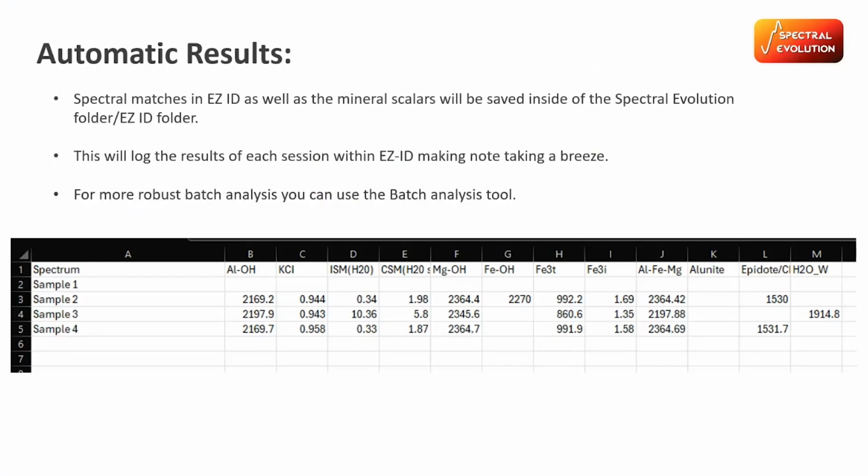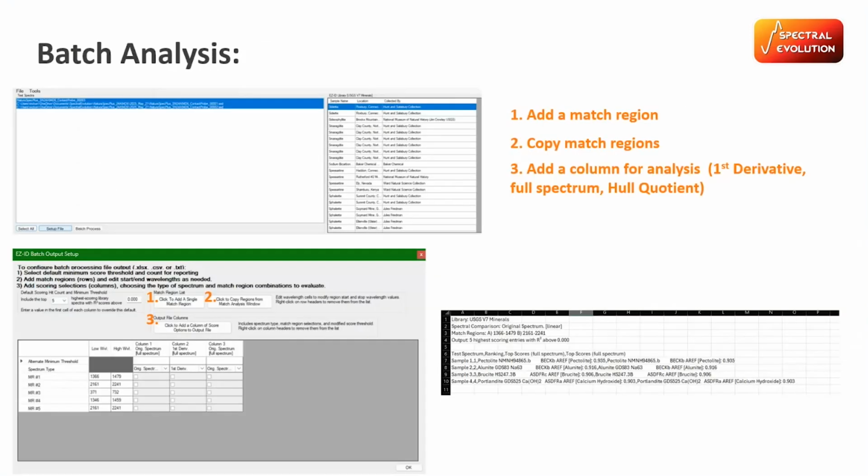For batch analysis, we also have these mineral scalars that will help you identify where absorption features are taking place. In the batch analysis, this will be exported as part of your data analysis. The batch analysis will allow you to take all of your samples that you've collected in the field or along core samples and apply different match regions that you've customized to give you the best results.